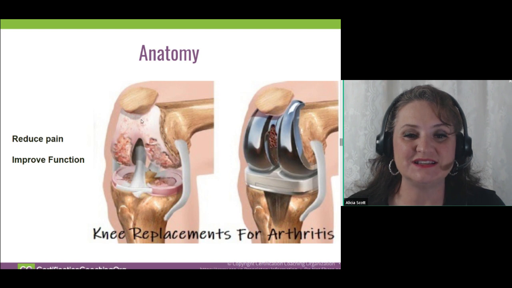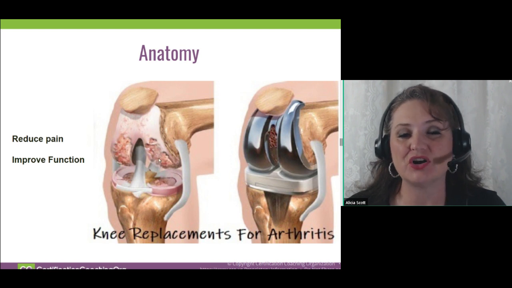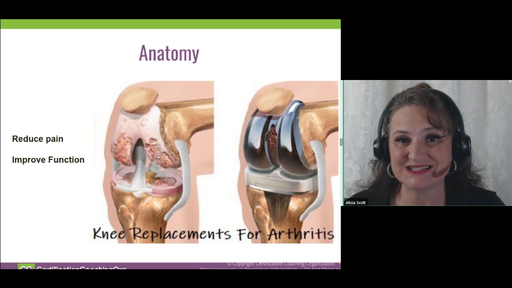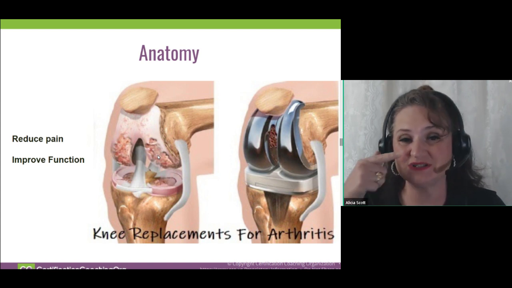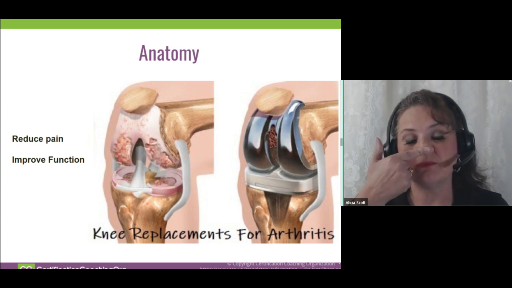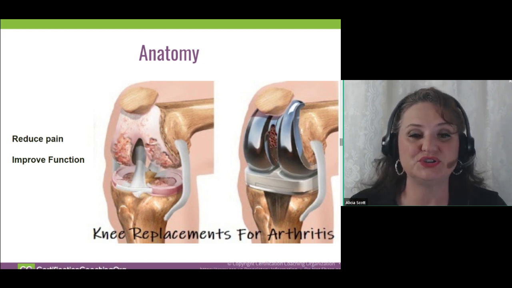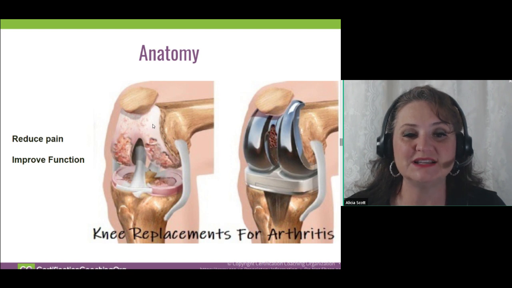But this is a large cartilage. Now, the meniscus is what's on the bottom, but this is all cartilage that supports the end of the knee and protects it. That's what cartilage does. That's what's at the end of your nose, right? It's malleable and it's not really soft, but it gives you cushion. And it should be nice and shiny and smooth. However, this is what it looks like when it's been all worn out and also gets arthritis.